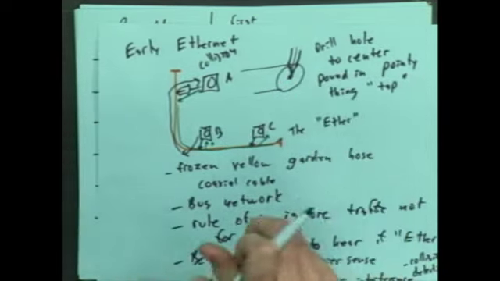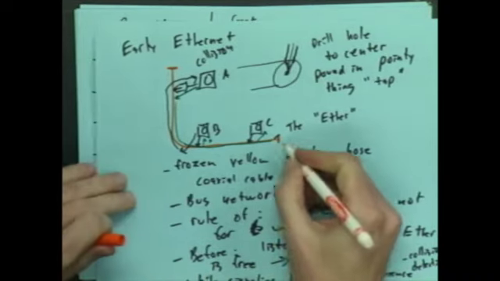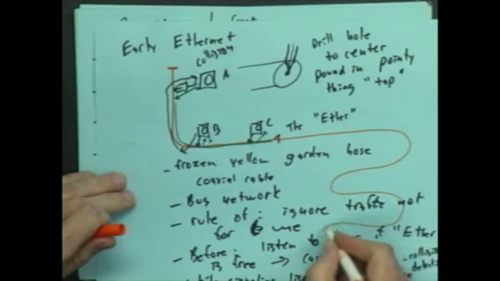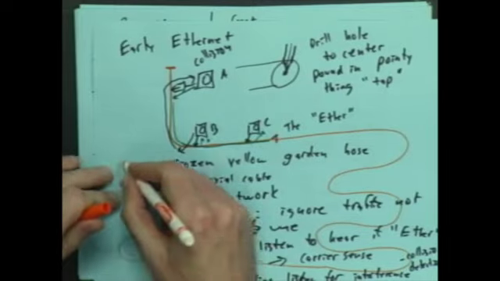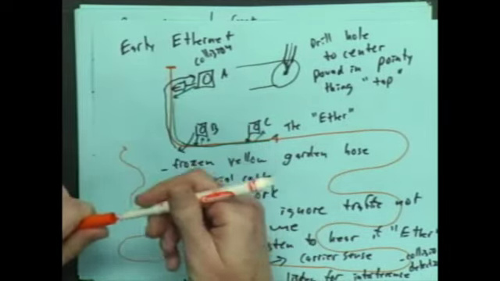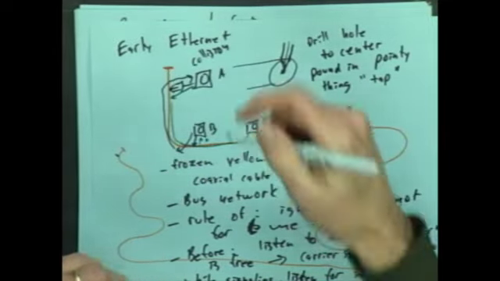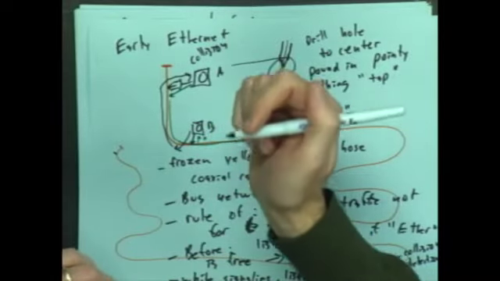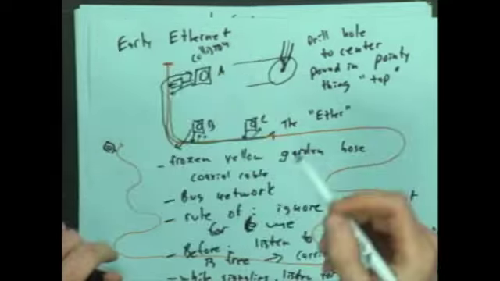If this cable gets really, really, really long, so if it goes way, I don't know, and I wrap and I wrap and I wrap, and let's say we go over the limit of how long we're supposed to go, I don't know, we get down here somewhere, and I've got a station down here. In case you're wondering, these can be up to 500 meters long. So let's say I'm right at 500 meters, and there's a station down here.